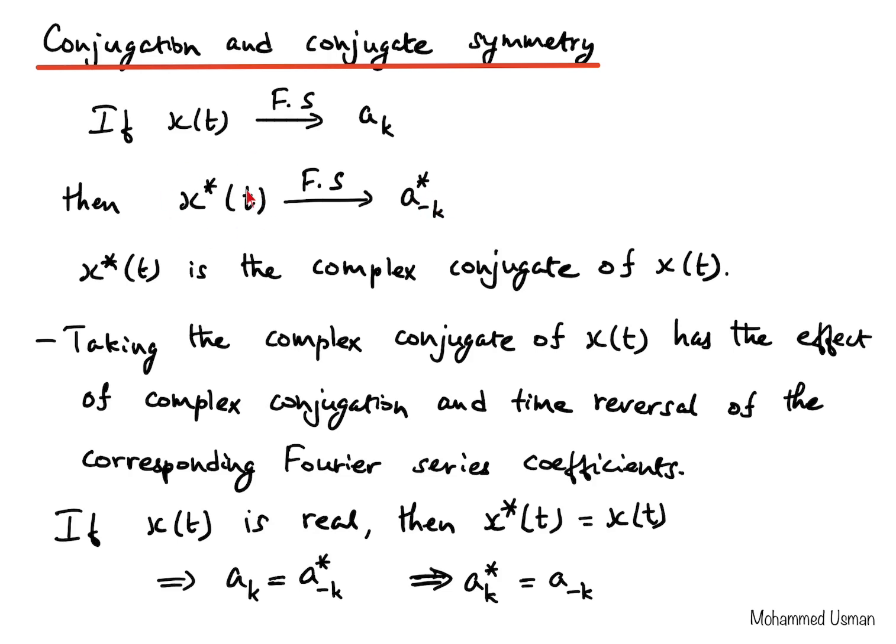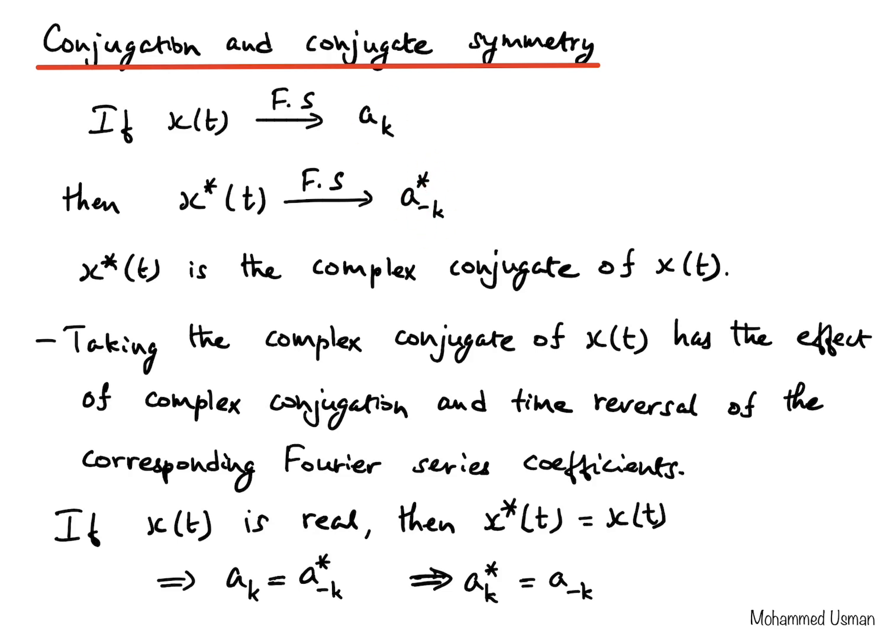So the Fourier series coefficients of x star of t, x conjugate of t, is equal to a star minus k. What it says is that taking the conjugate of the periodic signal x of t has the effect of taking the conjugate of its Fourier series coefficients and reversing in time.